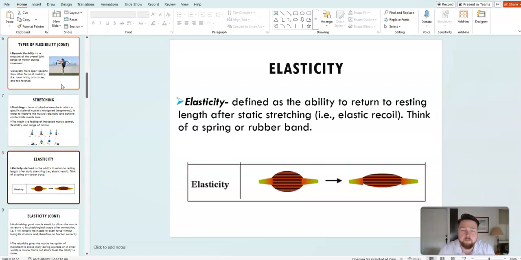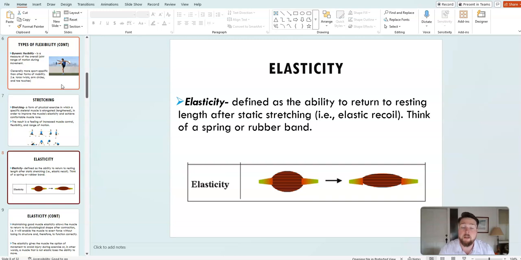Elasticity. This is a little bit confusing, so I'm going to try to explain it the best way I can. Think of a rubber band, or a spring, or the old telephone cords. If you had a corded phone at home back before cell phones, when you pull on it a certain distance and release it, it springs back to its original form.